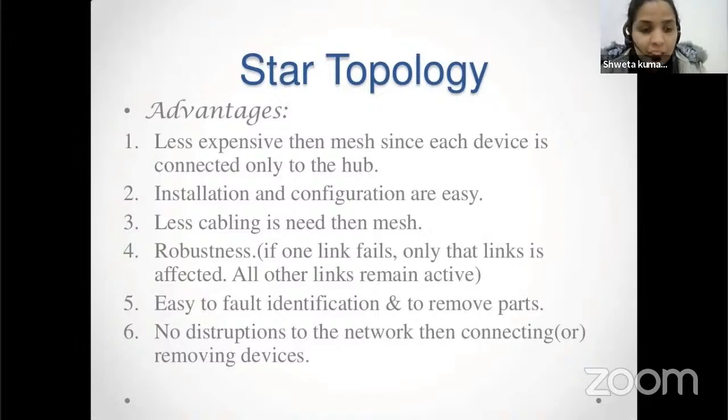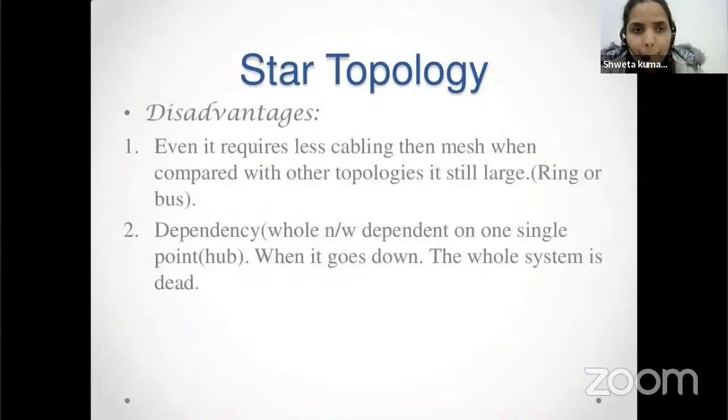Easy fault identification and removal of faulty paths. No disruption to the network when connecting or removing devices. Next, we have disadvantages of star topology. Even though it requires less cabling than mesh, when compared with other topologies, it is still large.